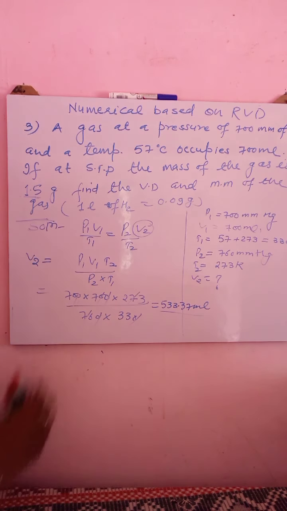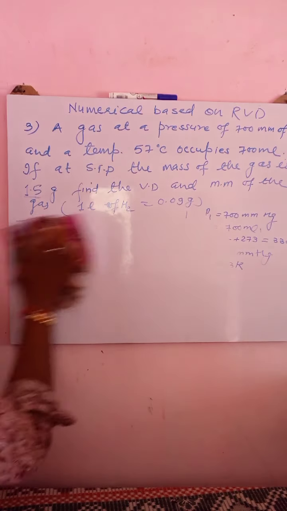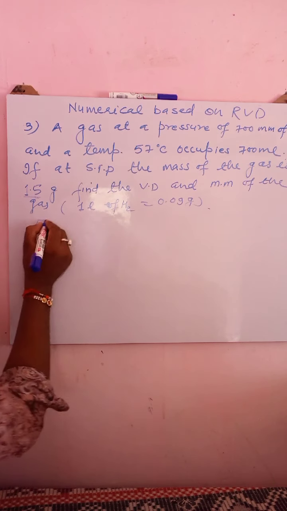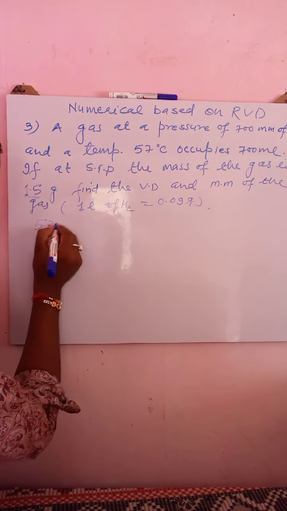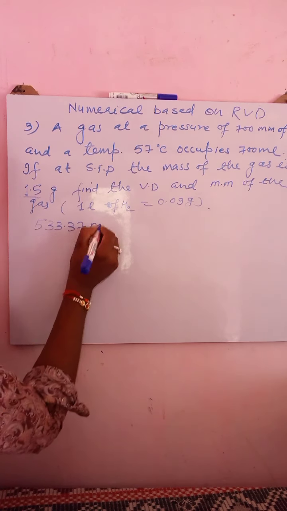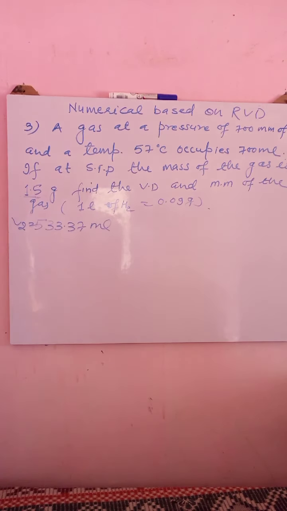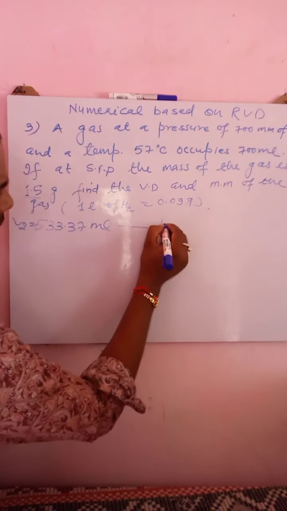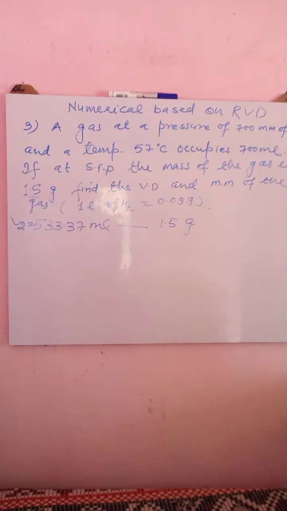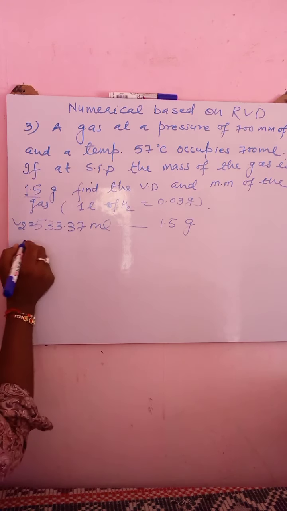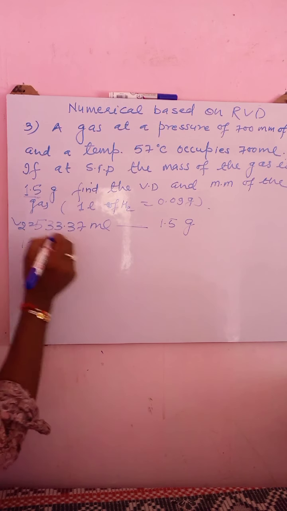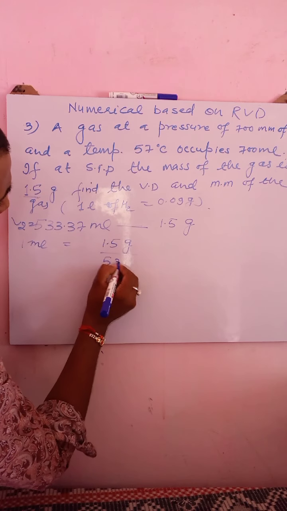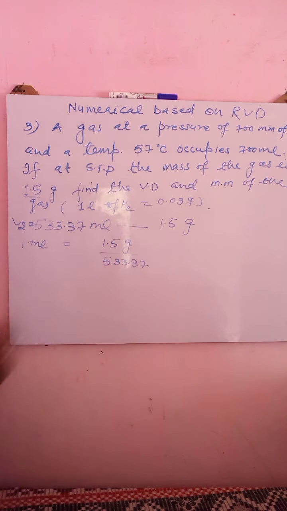We got 533.37 ml as V2. This 533.37 ml will weigh 1.5 gram. So 1 ml will weigh 1.5 gram divided by 533.37.